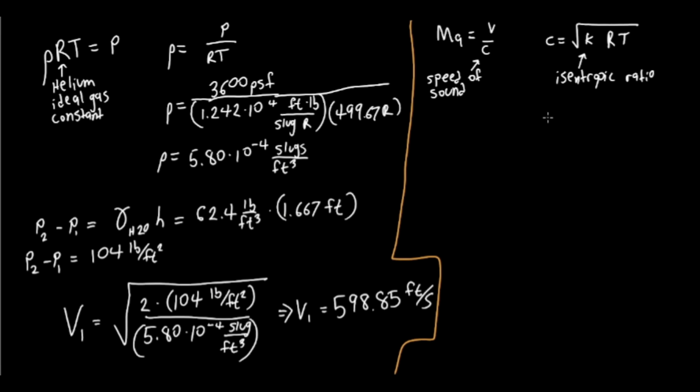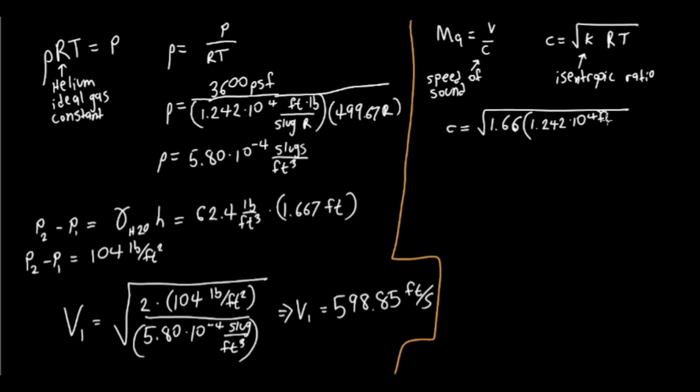C, and we're going to need a lot of space, is really just a plug and chug. Kappa for this is 1.66 for helium. So I'll save you the effort. But then we're just going to do 1.242 for the R times 10 to the positive fourth. Again, not the negative fourth, to the positive fourth.